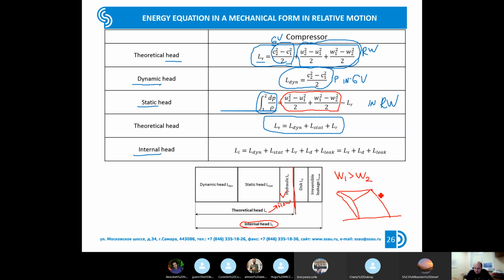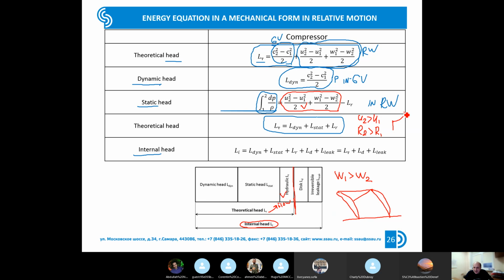So I don't know how to explain, but based on this equation, we need to answer how to realize this principle in the construction. If we speak about the first term, it means that U2 must be more than U1, and it means that the outlet radius must be more than the inlet radius.